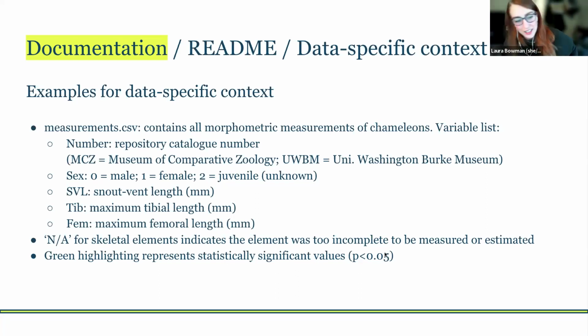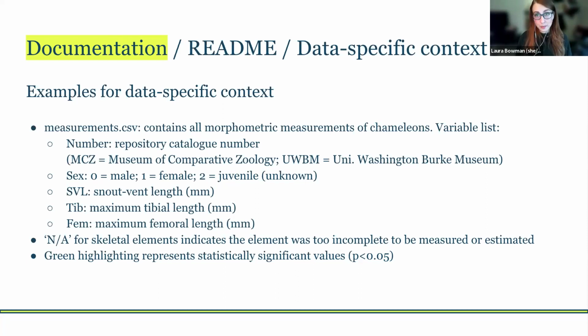And I want to call out this last point because this happens when people submit data in formats that do allow formatting. So Excel, for example, maybe not the best for preservation purposes, but if you do happen to have data in Excel, putting highlighting or other formatting in it, you really need to call that out in the README, because if someone imports that data into R to work with it, for example, they lose all that information.